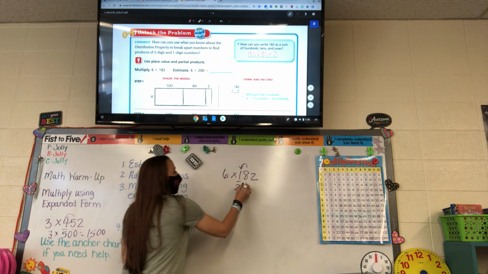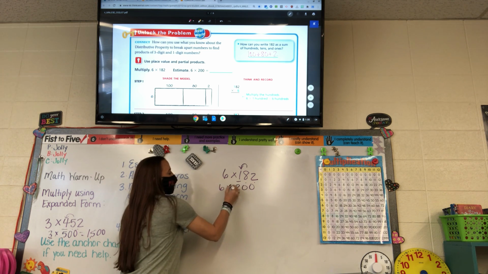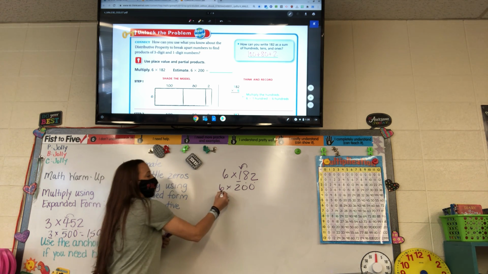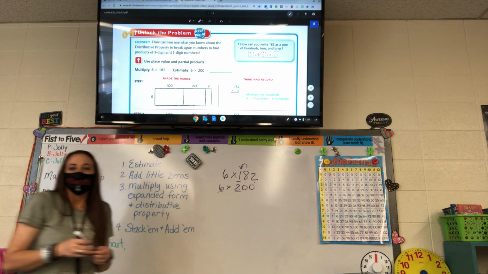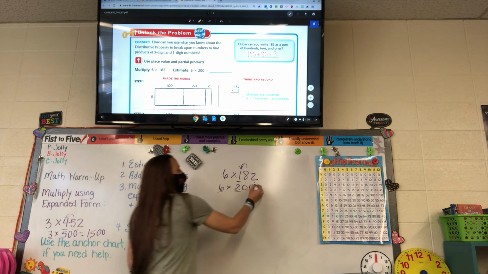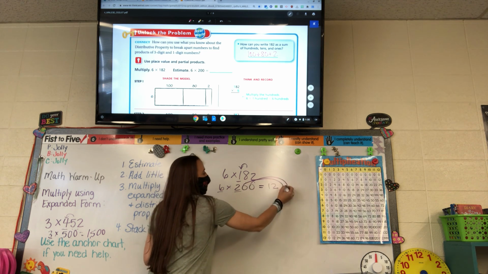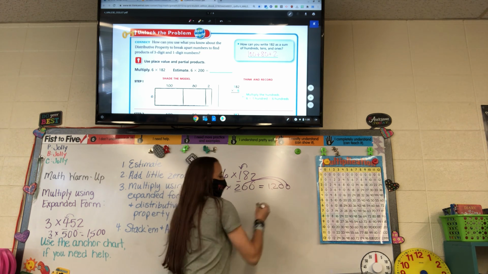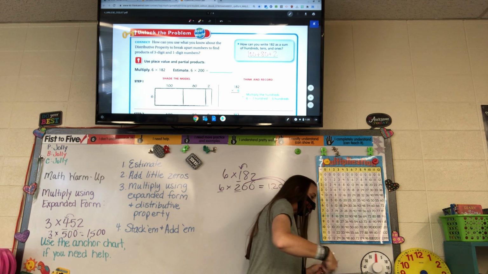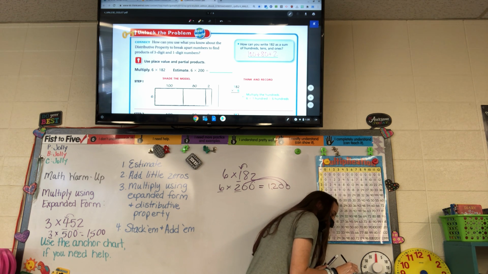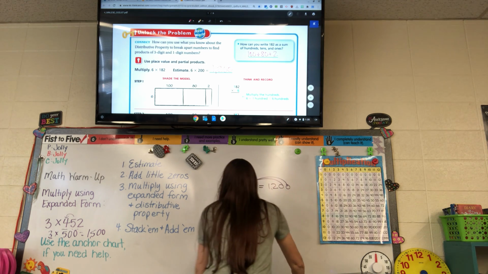Zeros. And then we multiply 6 times 200. Our basic fact 6 times 2 equals 12. And then we bring over 2 zeros, and then put in our comma. So our estimate is 1,200. Write that down.